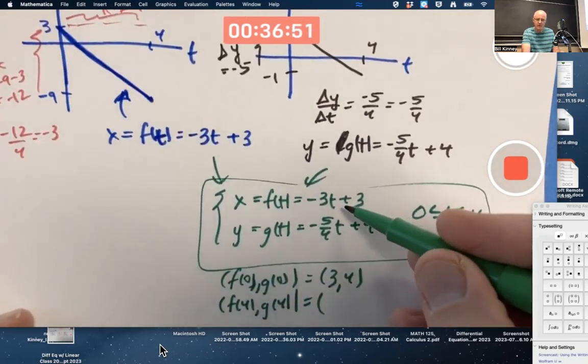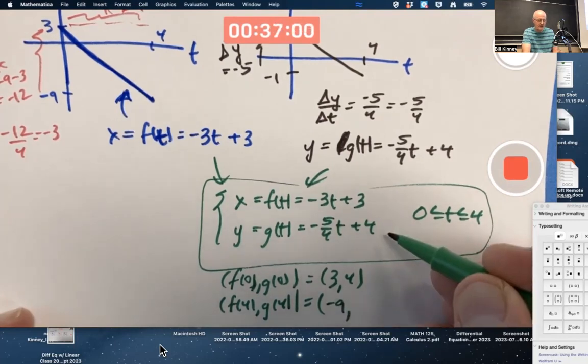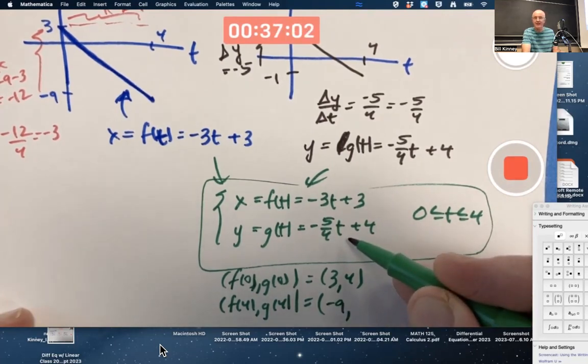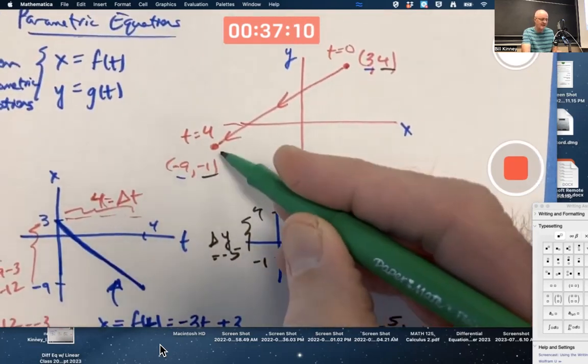Negative 3 times 4 is negative 12. Negative 12 plus 3 is negative 9. Plug in 4 here. Negative 5 fourths times 4, the fours cancel, is negative 5. Plus 4 is negative 1. Negative 9, negative 1. That's the coordinates of the ending point right there.